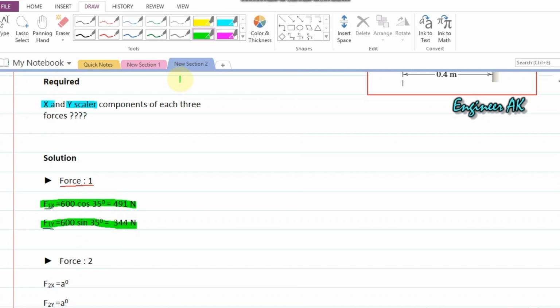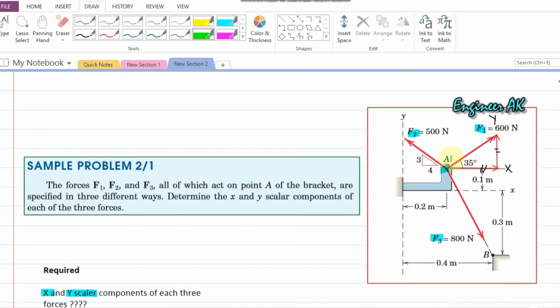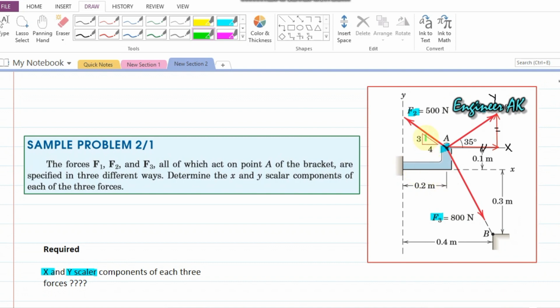Now if I move toward the second force, first we have to find this angle. But before that, let me draw the components in a different color. It will also have two components.